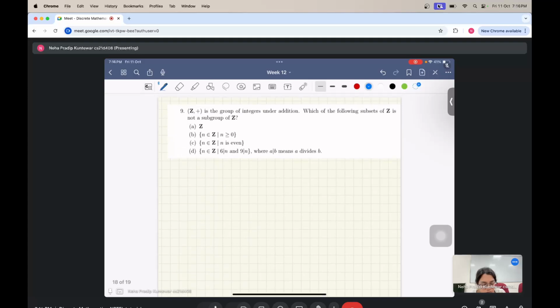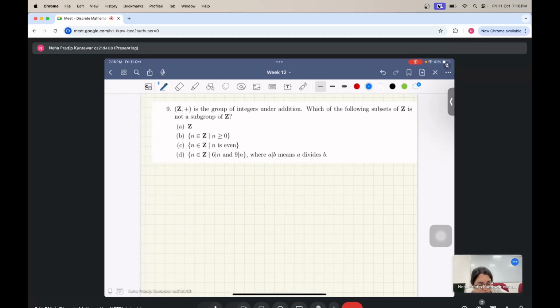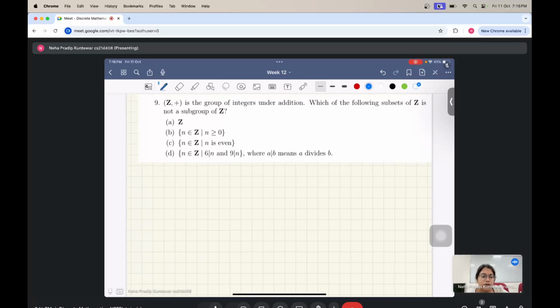Okay, so we will define what is called a subgroup. Maybe we'll not do all the examples, but we'll try to do some of them. So I need to define what is called a subgroup of a group. Let's say G is a group over set S, and the operation is, say, star.